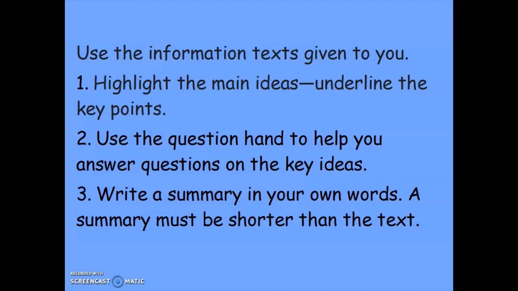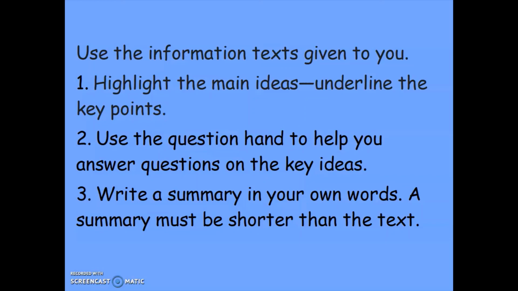You need to, 1, highlight the main ideas. So you need to go through and underline the key points. Number 2, you need to use the question hand to help you answer questions about the key ideas. And then number 3, you are going to write a summary of the text in your own words.